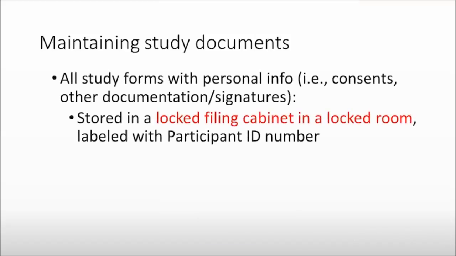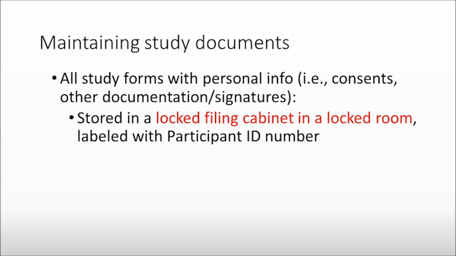So for study documents, if you're ever filing study documents, just for you to know, all the study forms with personal information like the consent forms, signatures, the documentation pages, anywhere they've written down their address, those should all go in one folder. And then anything that doesn't have identifying information, so questionnaires or any other kind of assessment, the biologics info, all of that should go in a separate study folder.